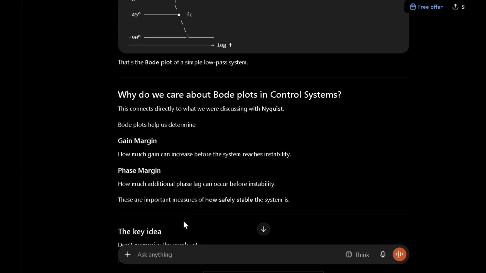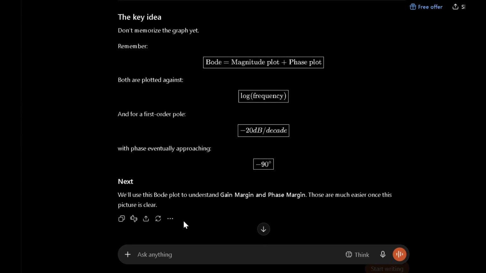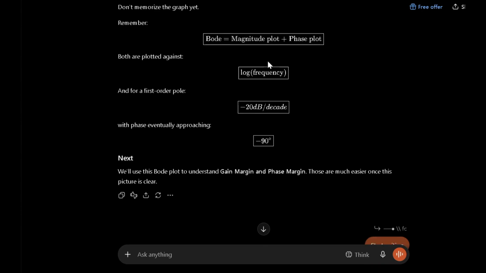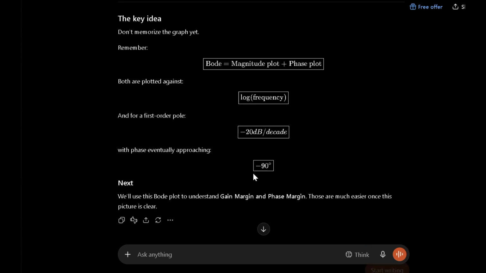Okay, so we stop here. A Bode plot is a magnitude plot plus a phase plot, both plotted against log frequency.